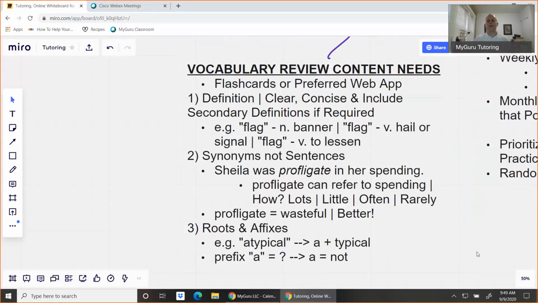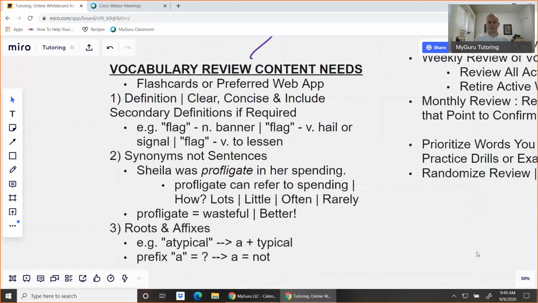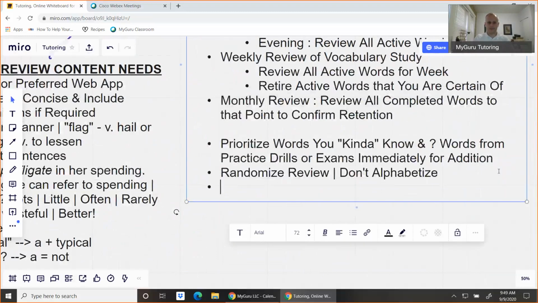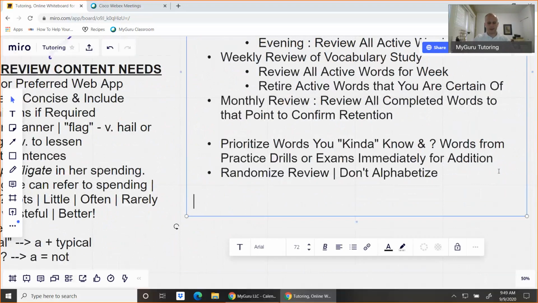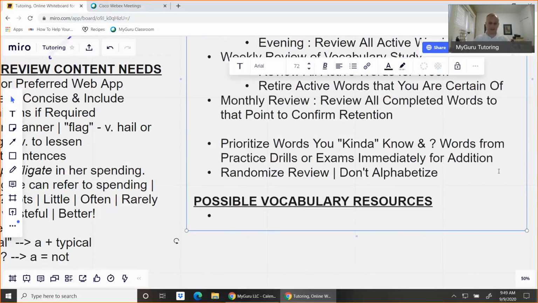Now, as far as web apps go, possible vocab resources. There's a whole bunch of different things out there. Obviously, flashcards.